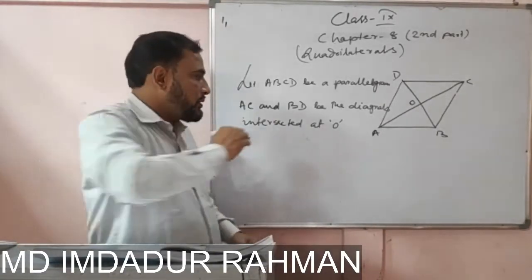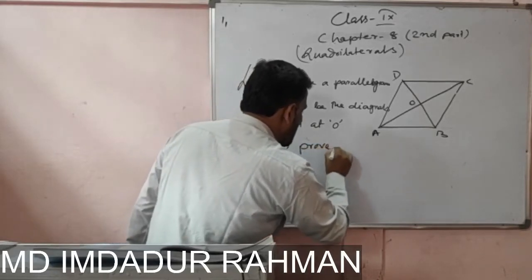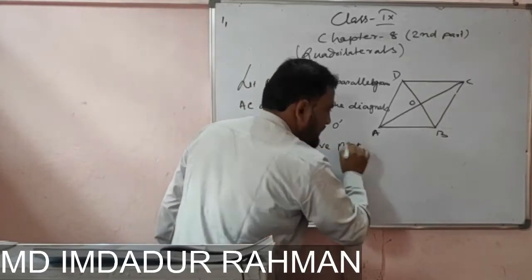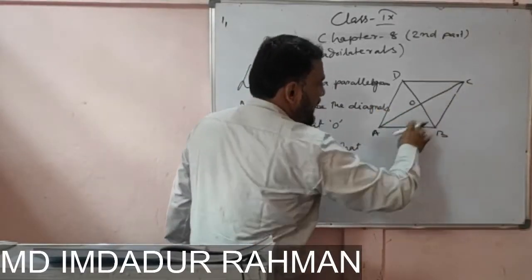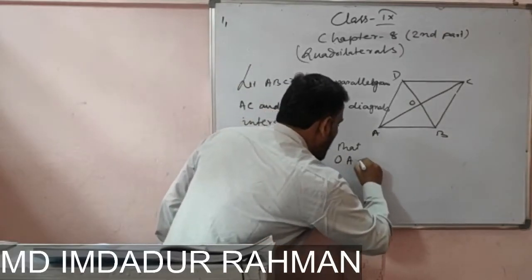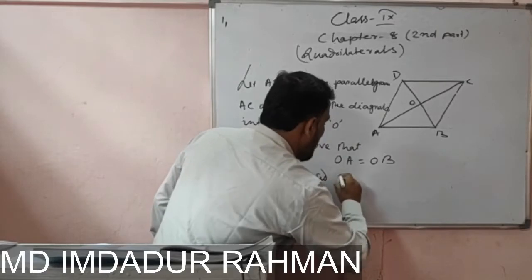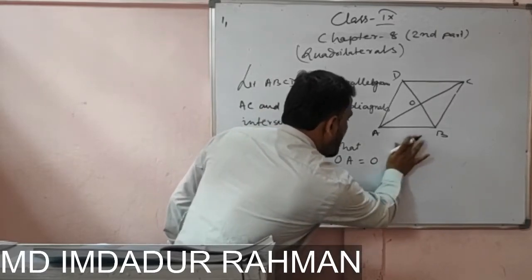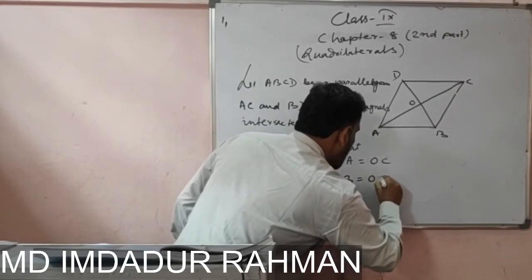That is, to prove that after intersecting, each diagonal is divided into two parts. So, we have to prove that OA is equal to OC and OB is equal to OD.